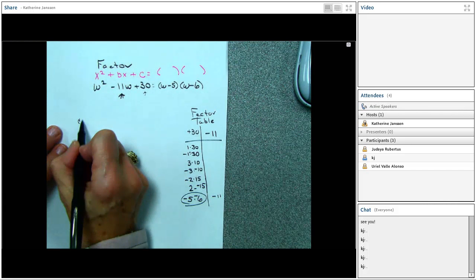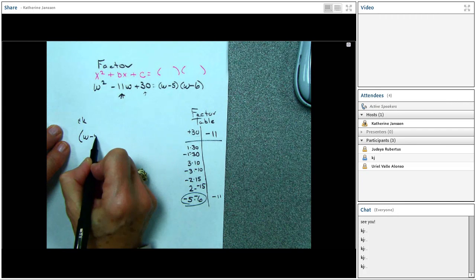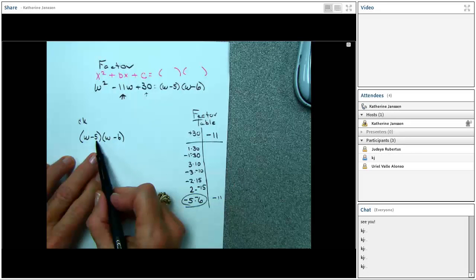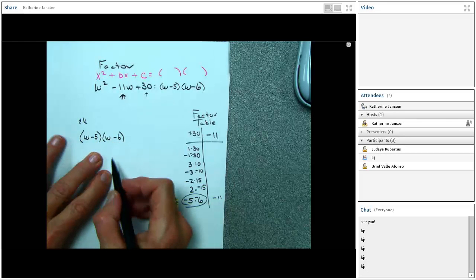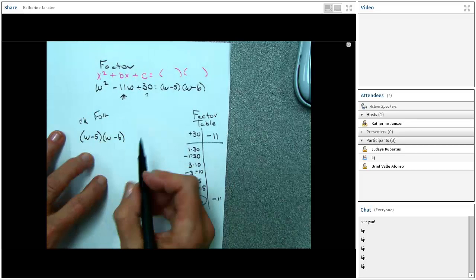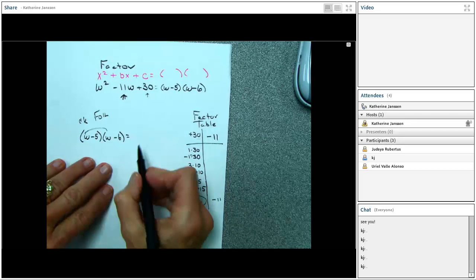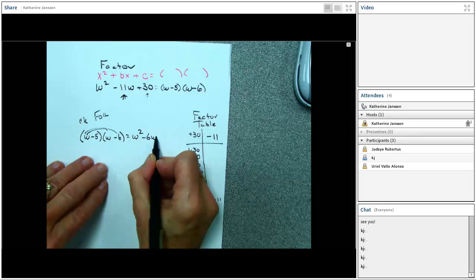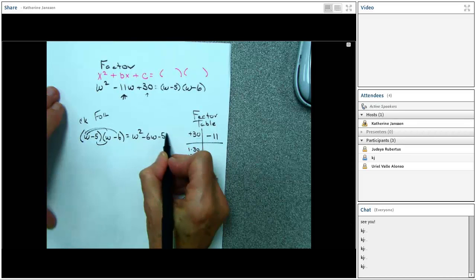So check. I have a binomial times a binomial. The first two terms are the same, but the last two terms are not. So we'll use FOIL to expand. First terms are w squared. Outer terms are a negative 6w. The inner terms are a negative 5w.